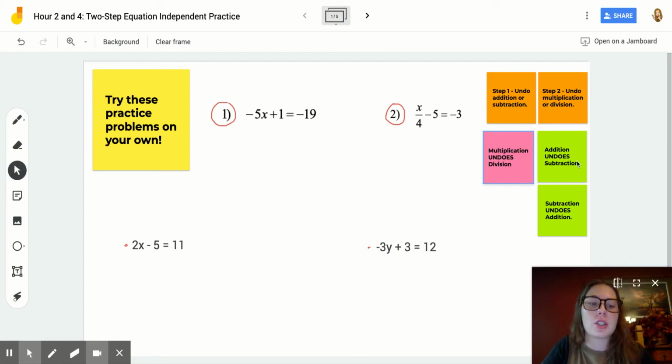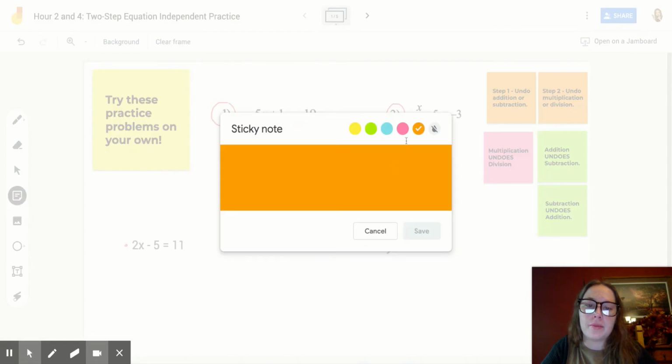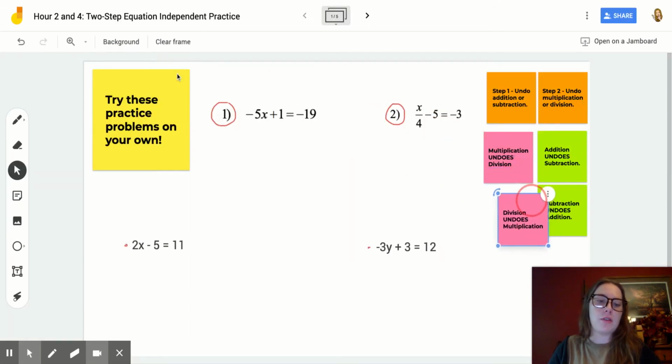So addition is going to undo subtraction, subtraction is going to undo addition, multiplication is going to undo division, and division is going to undo multiplication. These are the key pieces of information that you're going to need to know as we go about solving two-step equations.